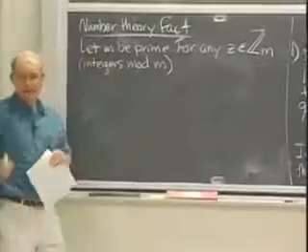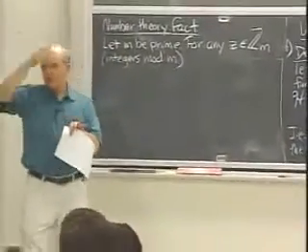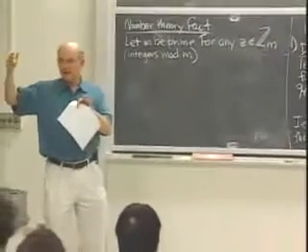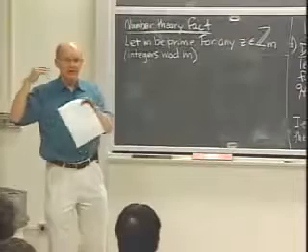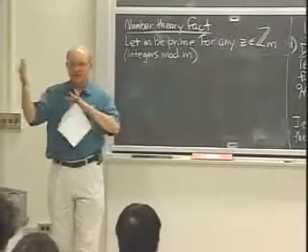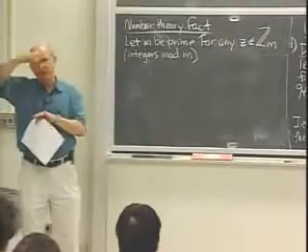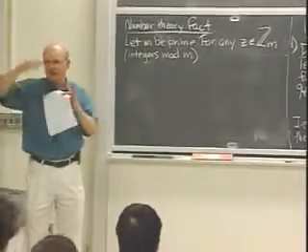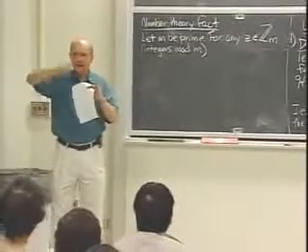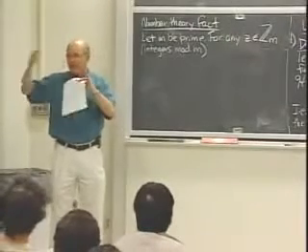This is essentially the numbers from 0 to m minus 1 with all the operations, times, minus, plus, etc., defined on that such that if you end up outside of the range of 0 to m minus 1, you renormalize by subtracting or adding multiples of m to get back within the range.